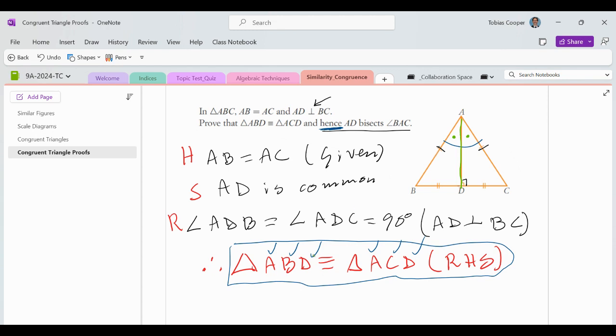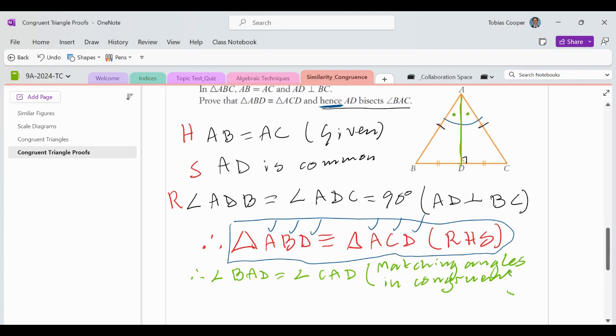So we can say then that therefore angle BAD is equal to angle CAD, and the reason being we have matching angles in congruent triangles.